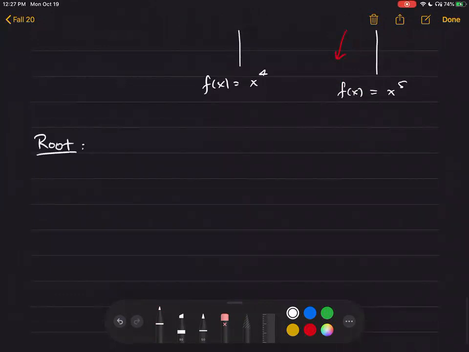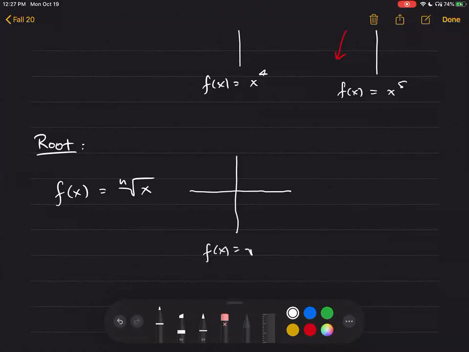root functions. So if we do f of x equals the nth root of x, let's see, what do those look like? Well, kind of similar to the power functions, actually. We'll see a pattern as we play with the nth term. So this is the square root, so there's a 2 there. Just note that.